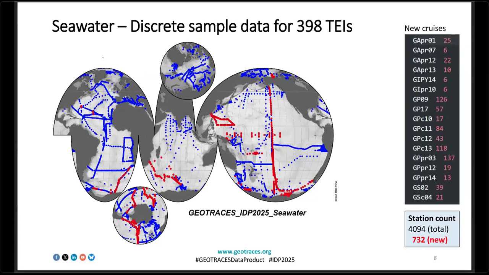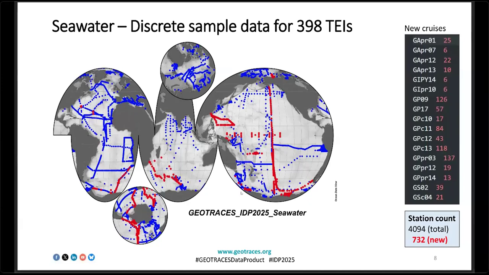And finally, which I would call the crown and the core of the IDP, the seawater discrete sample data, where we now have almost 400 TEIs. And there's a large number of new cruises in this data set. There are more than 700 new stations, making up now for almost 4,100.